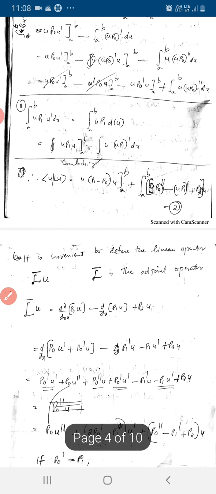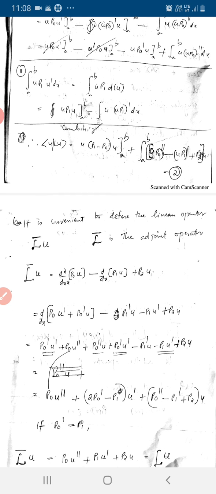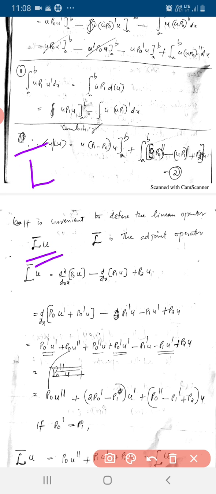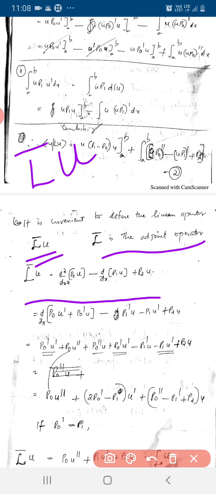Now we define a linear operator which is the adjoint of L. We are defining L adjoint u. L adjoint is the operator given by d square by dx square of p0 u minus d by dx of p1 u plus p2 u.